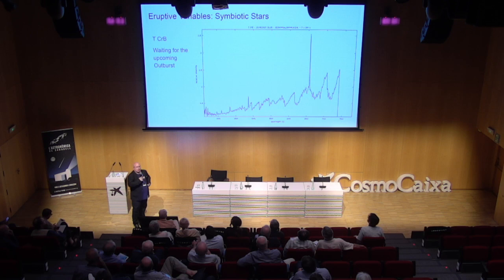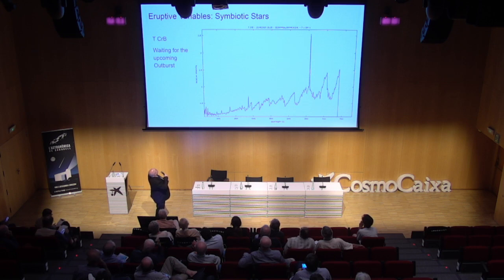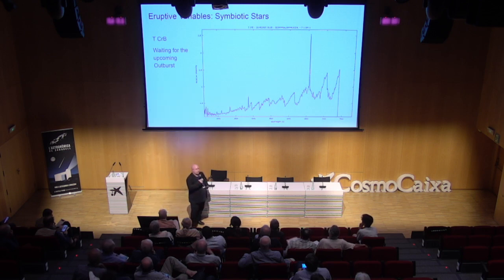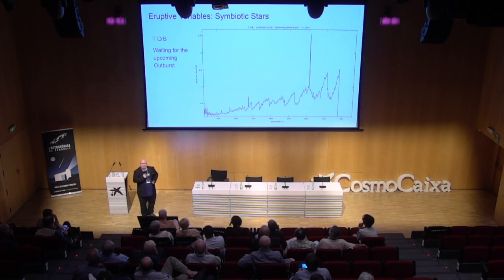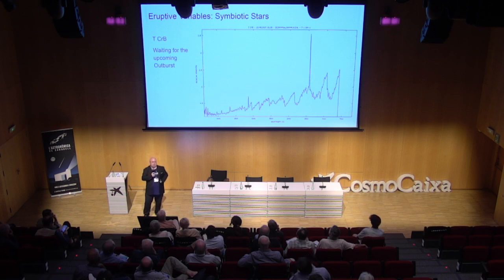When we, the amateurs involved in spectroscopy, observe a lot of eruptive variables, especially symbiotic stars and recurrent nova, like this, T Coronae Borealis, which probably, very probably, will explode, will have a nova explosion in the coming years, will be the best observed object before the explosion.